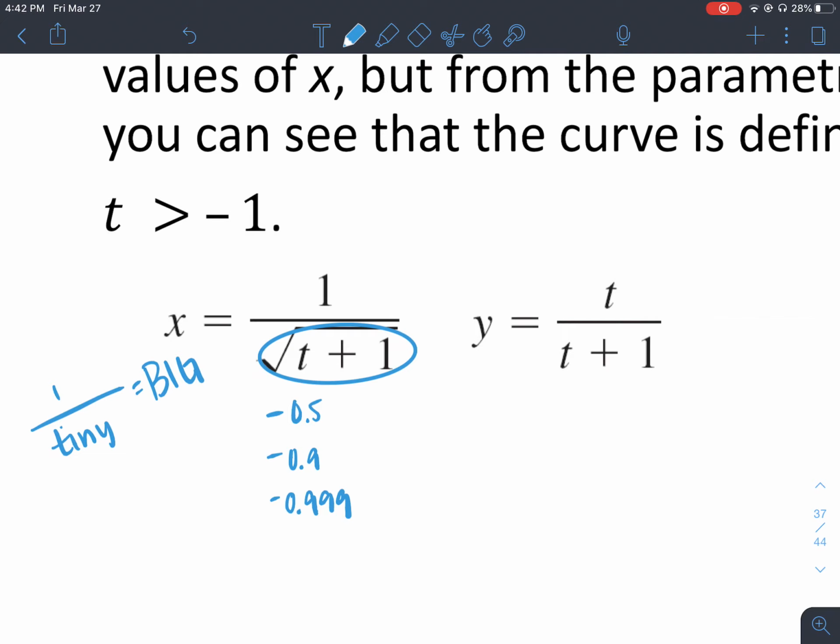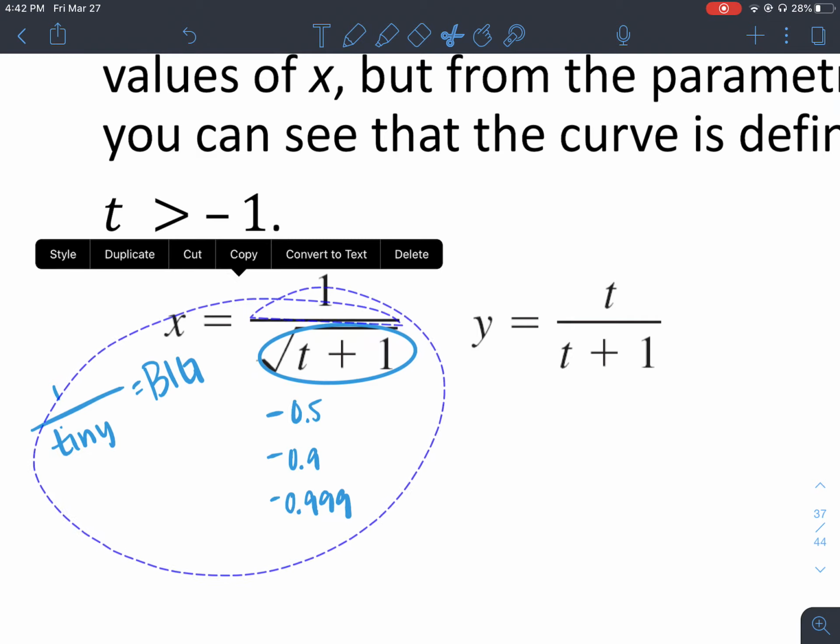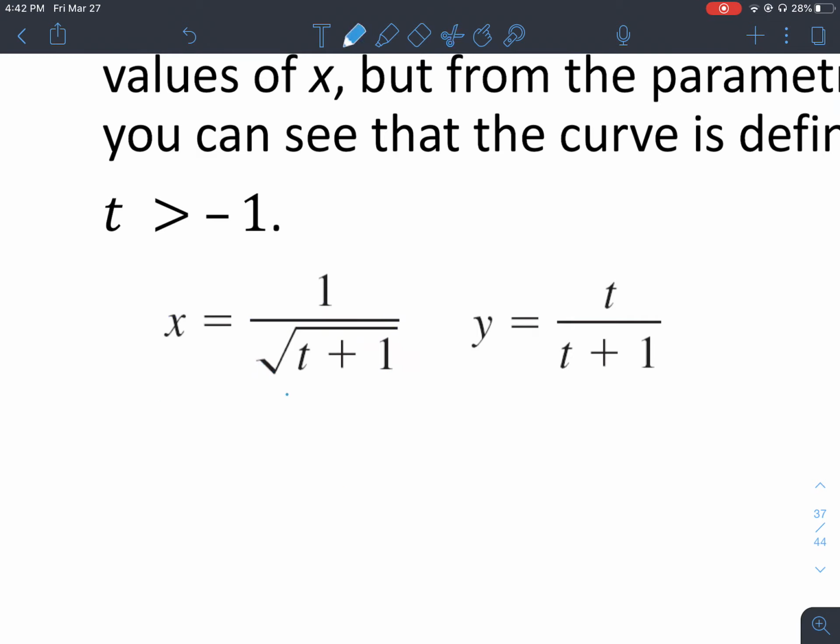We like our x's going off to infinity, but that doesn't really help me with the restriction. So I have to think about the other endpoint for t. T has to be greater than -1, which means t can go off to be as big as we want it to be. If we can put in, say, 1,000 or 1,000,000 or 1,000,000,000, or it just keeps going off and off, then this entire denominator ends up getting really, really large.